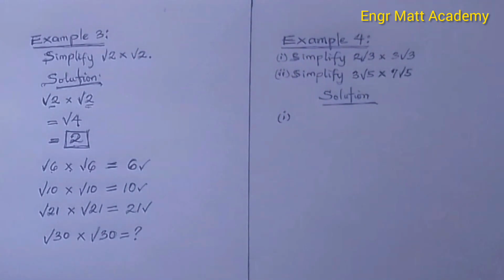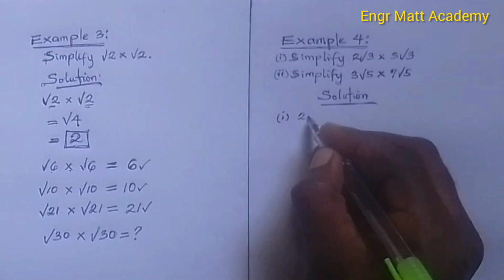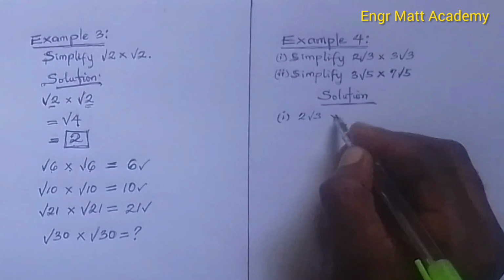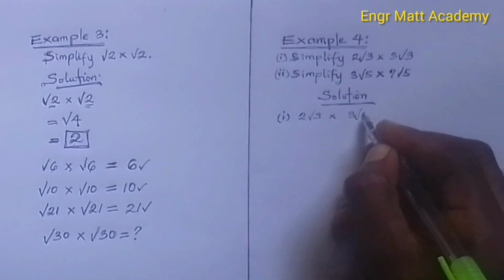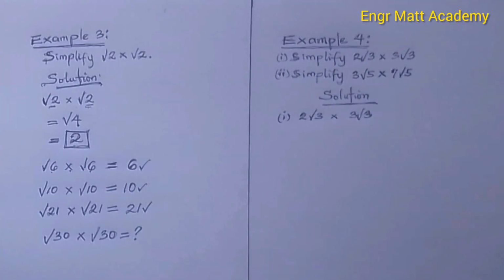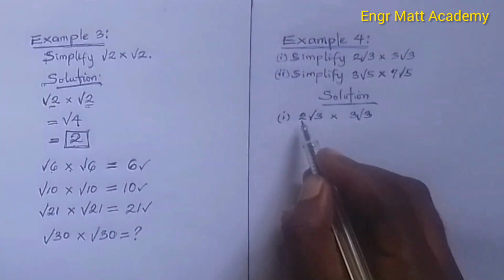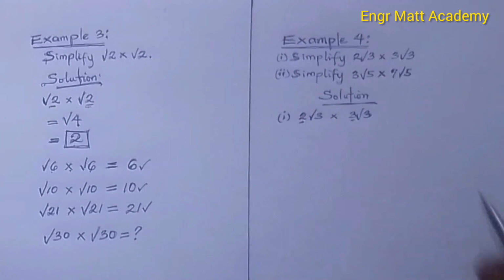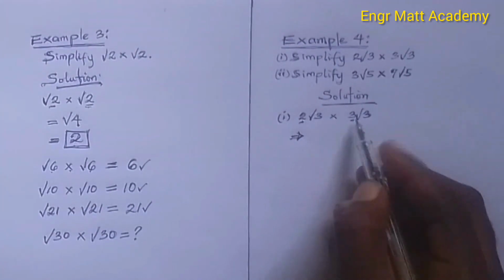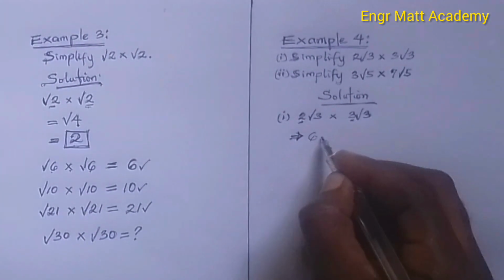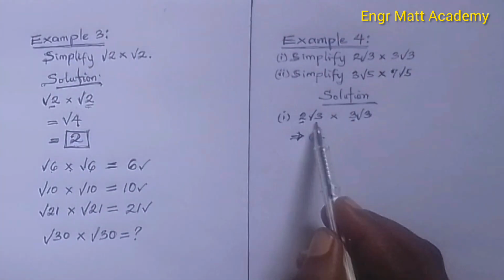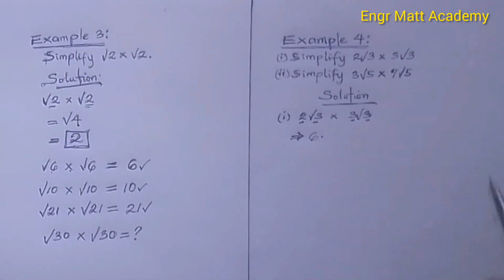The first problem, we have 2 root 3 times 3 root 3. Recall that when we have surds with coefficients, the numbers outside the root sign will marry themselves. So 2 times 3 will be 6, dot root 3 root 3.